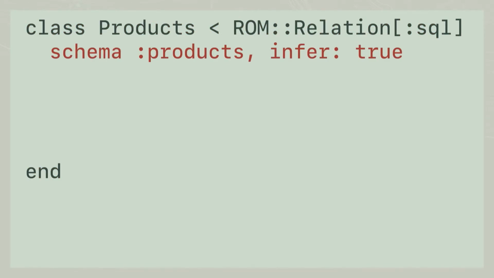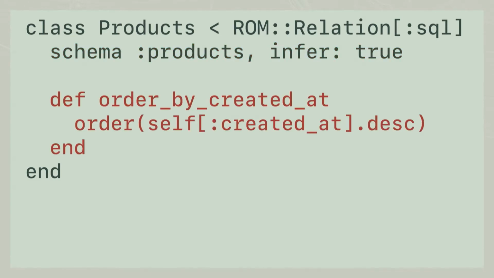It maps directly to a table in our database with the SQL adapter, and we infer attributes, attribute names, and types. Then we define our API for reading data, our order by created at method, which returns the products ordered by their creation date. So then we have some data.